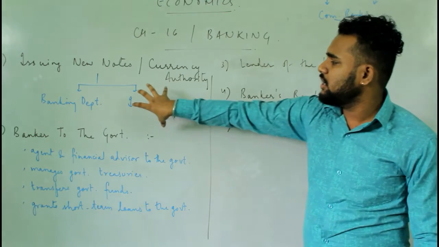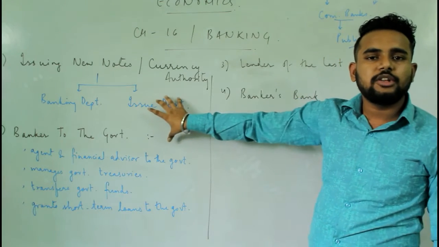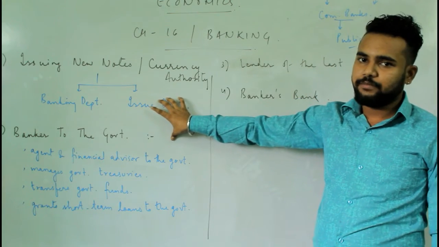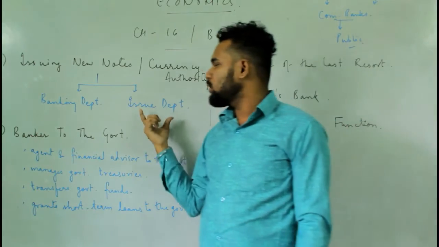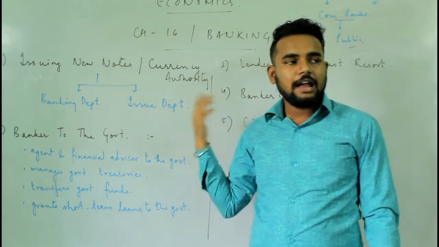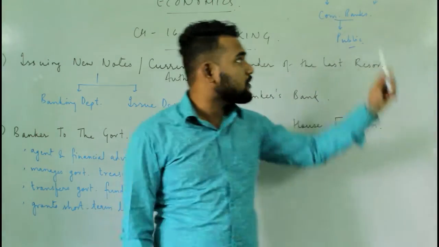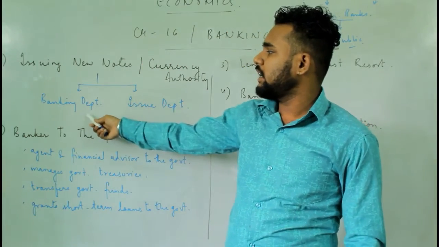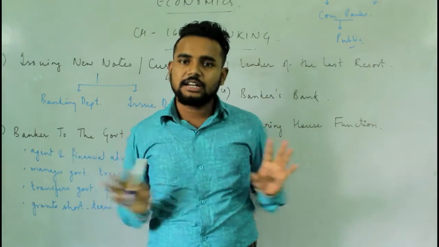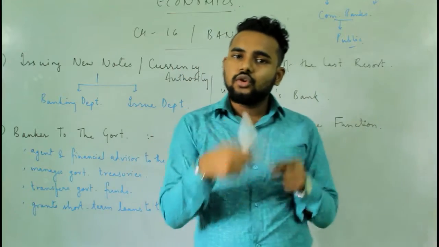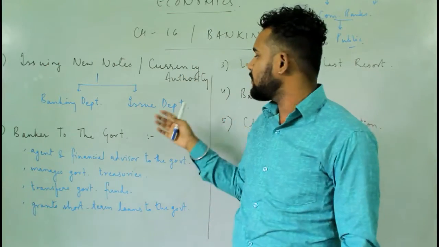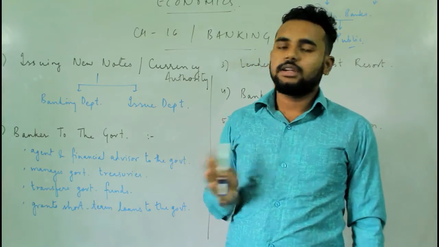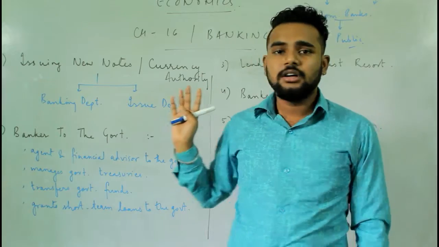It is this issue department which is responsible for note issuing. The main work of the RBI is not only issuing notes; RBI has to coordinate all the commercial banks also. So the banking department controls the banking activities, whereas new notes manufacturing is done by the issue department. Clear? So banking department and the issue department.